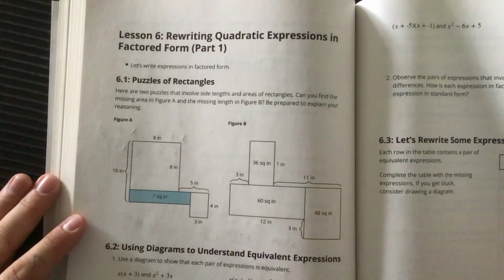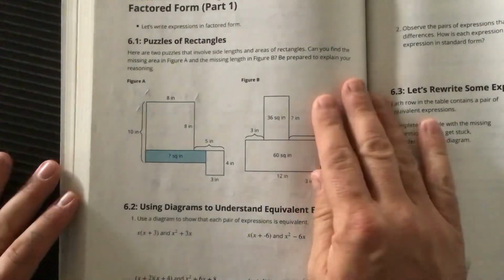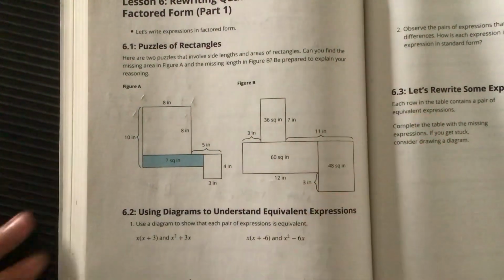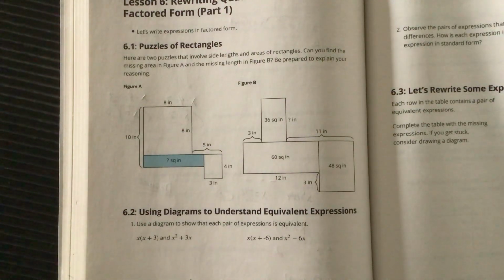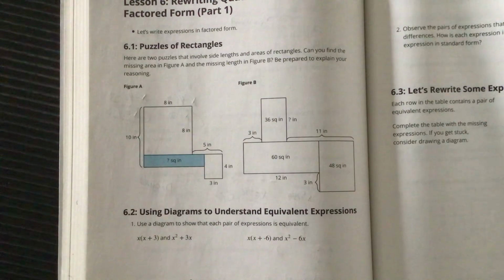First example, kind of like solving a puzzle. How do we get the area based on the information that we have of that little piece there? Can you find the missing area in figure A? And then you notice figure B has one missing length with the question mark.